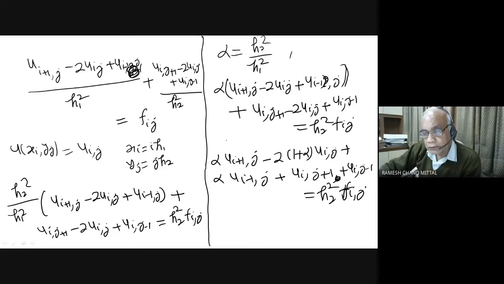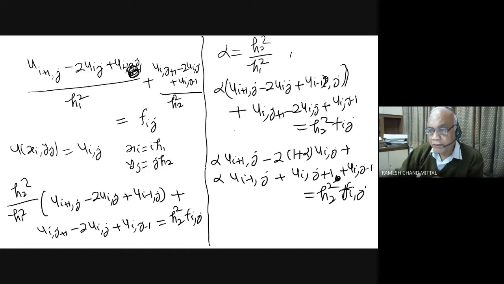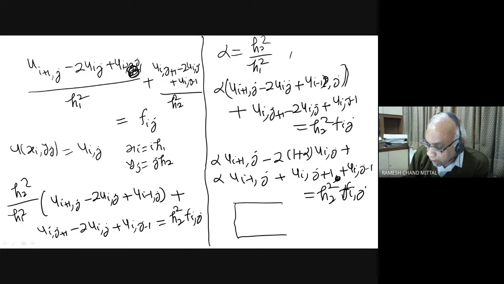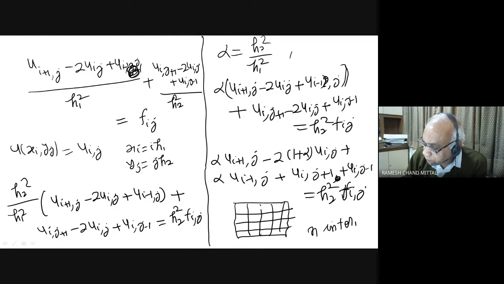No sir. Okay. So this is my basic equation. Now I apply my basic equation at the interior points. So my rectangle, let's say I discretize this way. Let's say I have n interior points along x direction and m points along y direction.